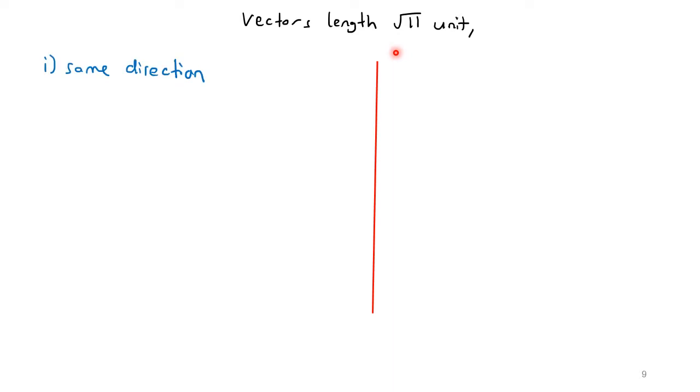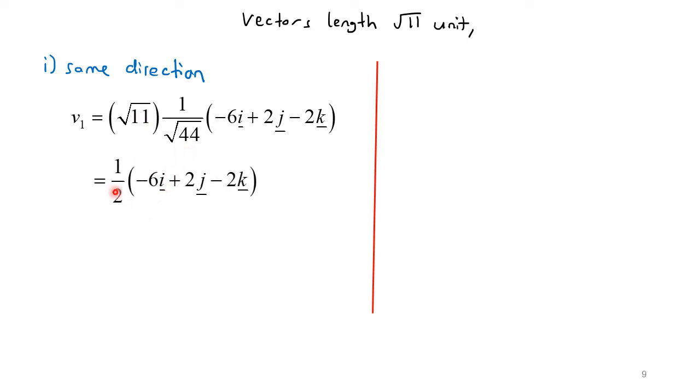The first one, if the vector is in the same direction, we multiply root 11 with its unit vector. So root 11 over root 44 we can simplify, and actually it will be 1 over 2, because root of 1 over 4 is actually 1 over 2. Then we divide each component by 2, and we should get the vector.